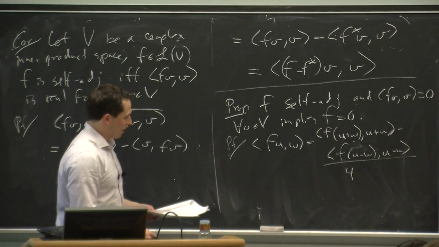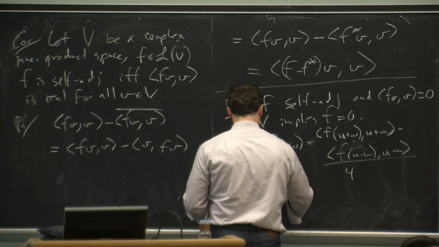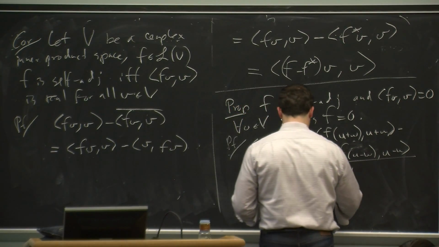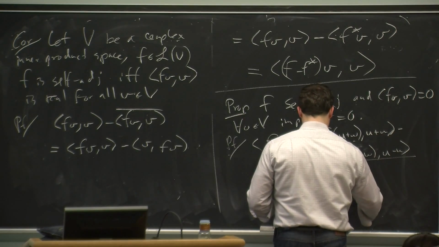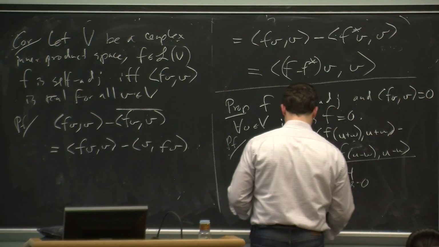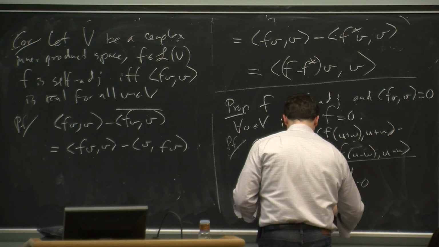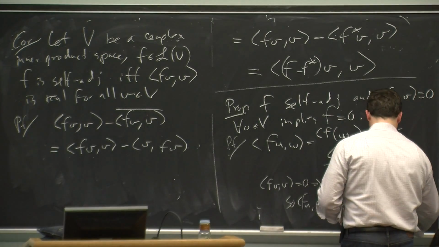It just so happens that works out. You can check it. So ⟨F(V), V⟩ equals 0 implies that this right-hand side is 0. And so the inner product of F(u) and w is 0 for all u, w, and F is 0.